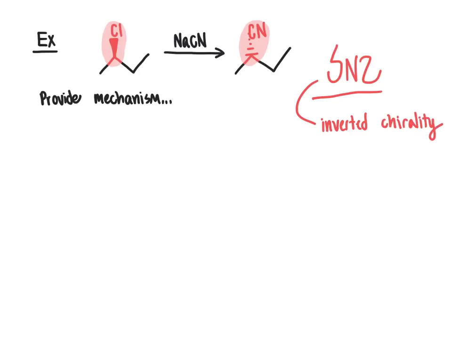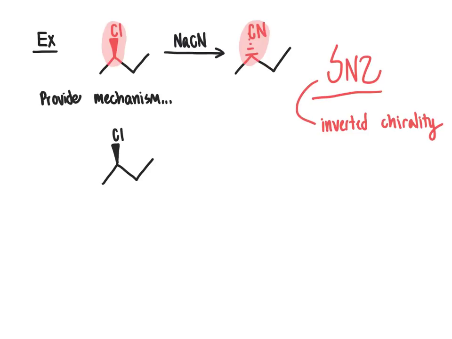So therefore, we can say that this is an SN2 mechanism, and we need to write out our mechanism accordingly. So we'll go ahead with this. I'm going to start with my starting material here, our 2-chlorobutane.